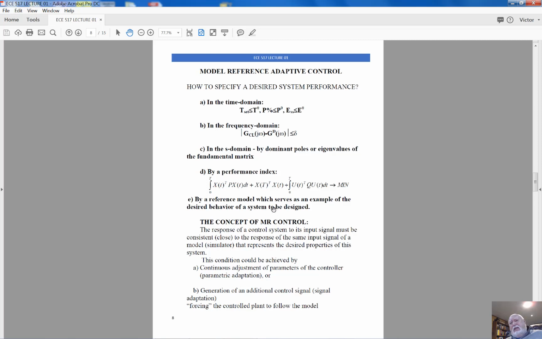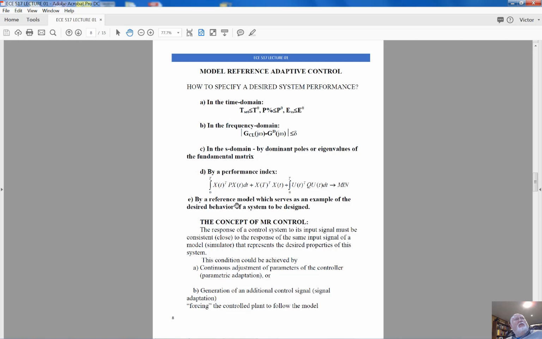But then there is another way to specify system performance: by a special model that has the required system behavior. It's supposed to be a simulator that has the required system dynamics.